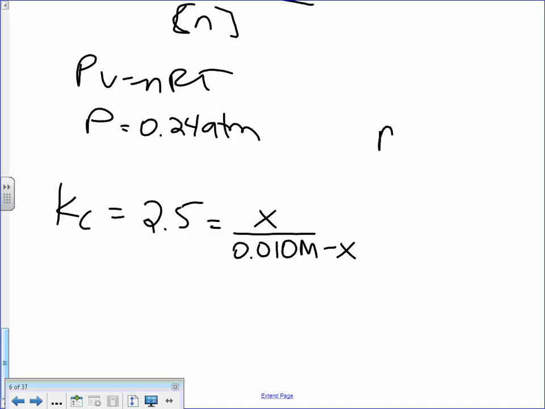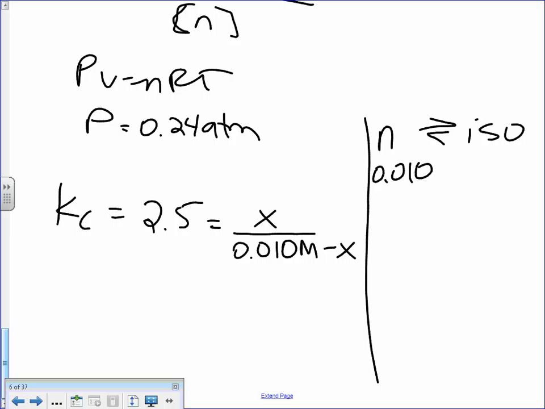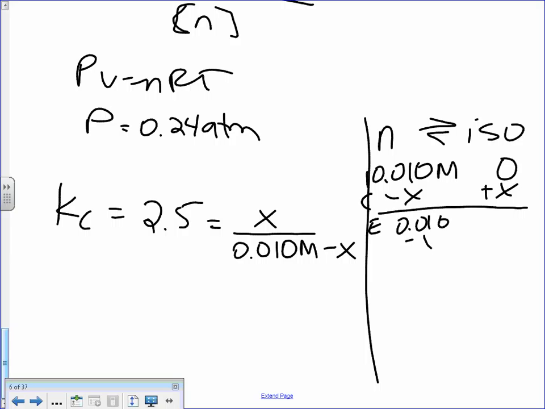Isobutane. Okay, so you're saying N-butane equilibrates to isobutane. N-butane, everybody knows from the example given. We start off with this many moles per 1 liter, which is that in molarity, right? Same story. And this was 0 at the beginning of the ICE box. And then what did you guys do? Subtract X, and added it here, right? So at equilibrium, we have 0.010 minus X, and this is just X, that's what they plugged in right here, products over reactants.